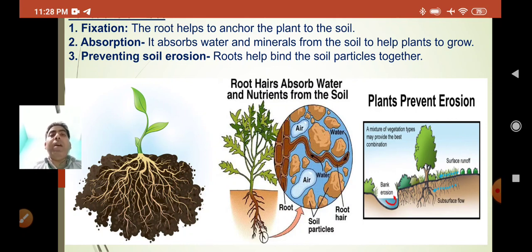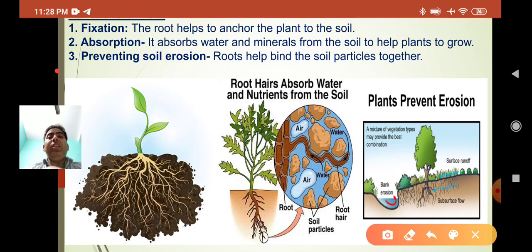Photosynthesis is a process by which a plant manufactures its own food with the help of carbon dioxide, water, and sunlight coming from the sun, and this sunlight is trapped by chlorophyll. This chlorophyll gives green color to the leaf. The whole process is called photosynthesis.